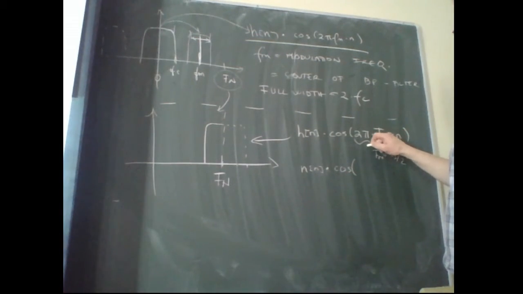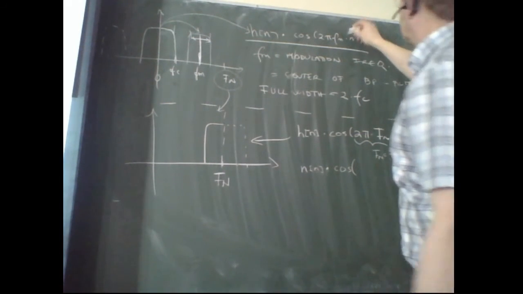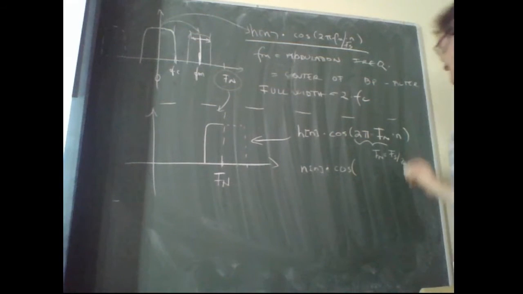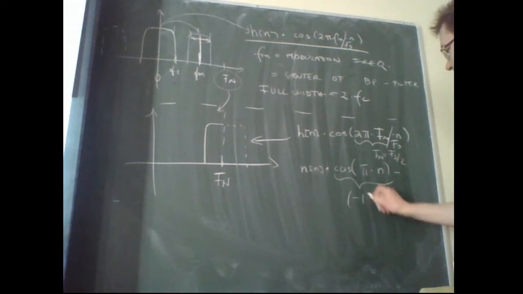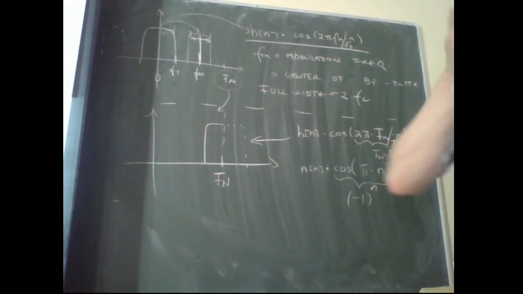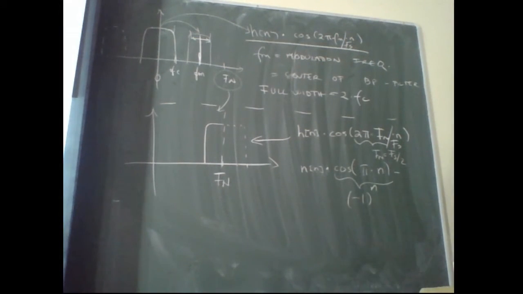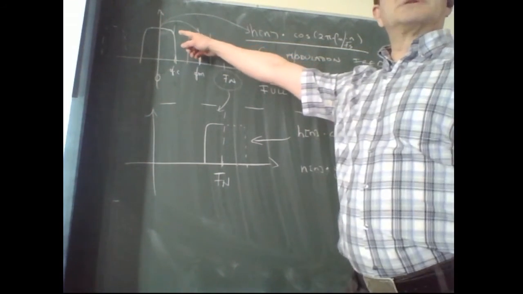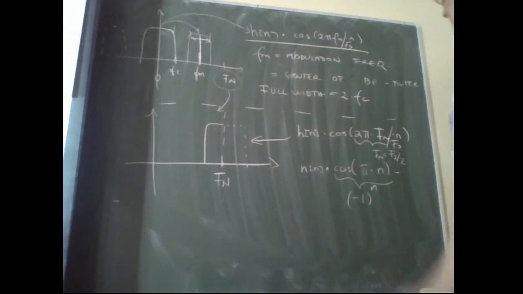Hey, wait a minute, that's the 2 pi. Sorry, Fs. Something was missing. So you have 2 pi Fs over 2, so cosine of pi times n. This part here is just minus 1 to the exponent of n, so it's plus or minus 1. So you practically just change every other sign on the impulse response and you will get from low pass to high pass, or from high pass to low pass. Alrighty.